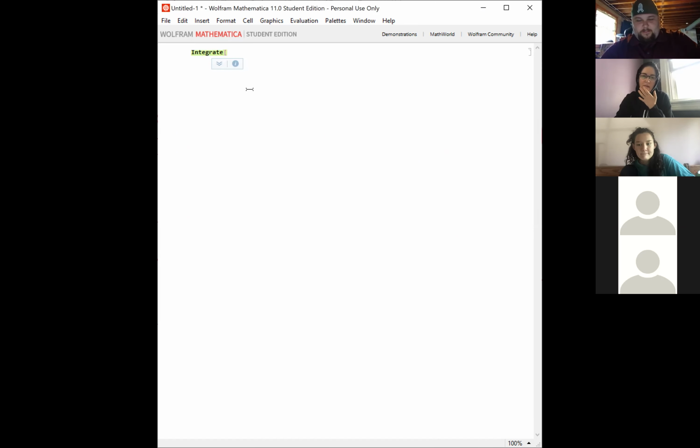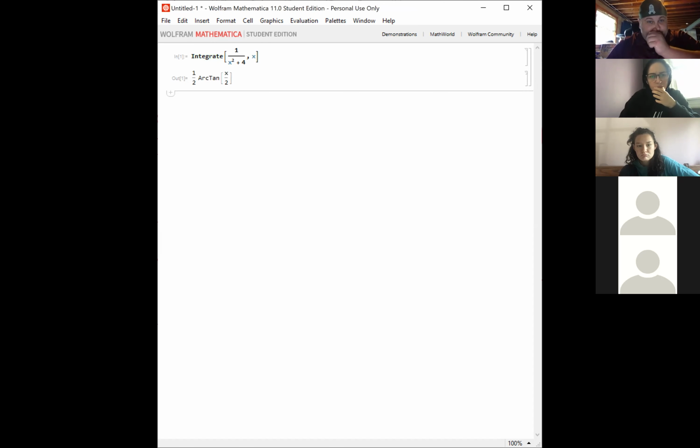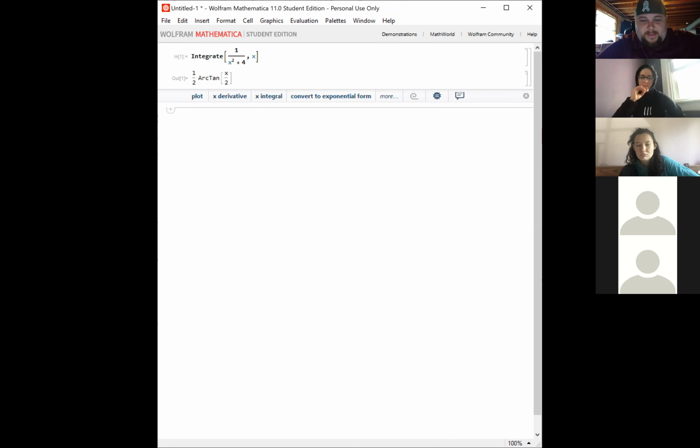I'm going to do this integral on here just to save us again some time, but certainly something you could do to practice. It is 1 over x squared plus 4, integrating with respect to x. So it comes out as 1/2 arctan x over 2. So that would be minus 3/5 times 1/2 arctan x over 2.